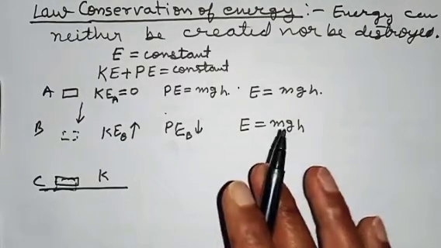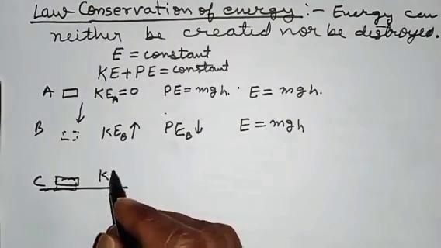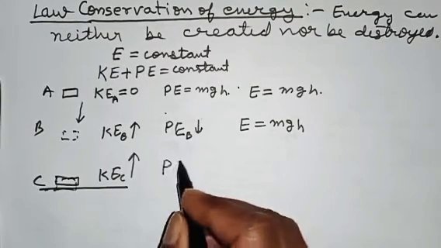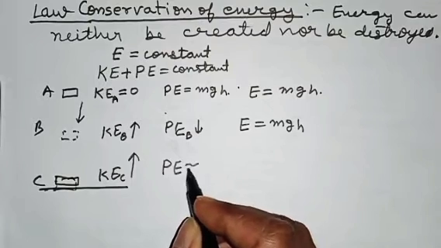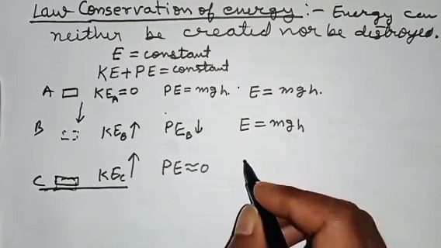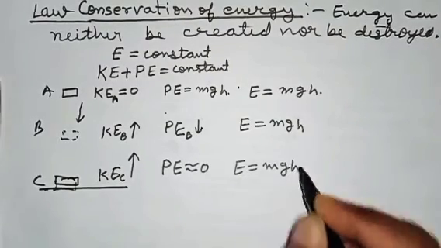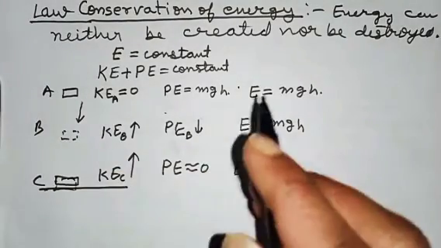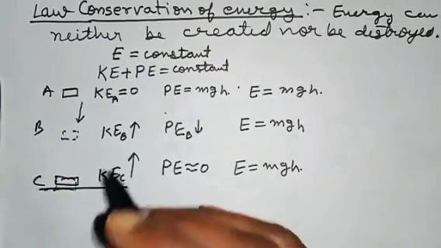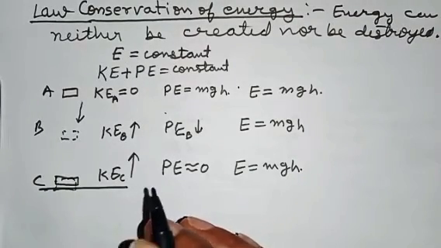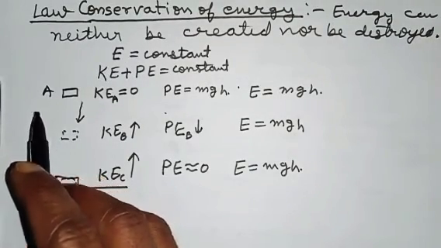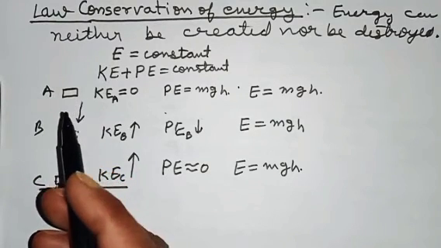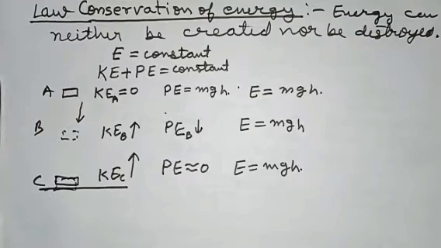But just before touching the ground, kinetic energy at C becomes very, very large, and potential energy becomes almost zero, but total energy will remain mgh. I will derive it in a separate video. Just keep this in your mind. At each step, total energy remains constant. So if initial energy is given and they have asked for the total energy at any position, then the value which was earlier given will be the answer.